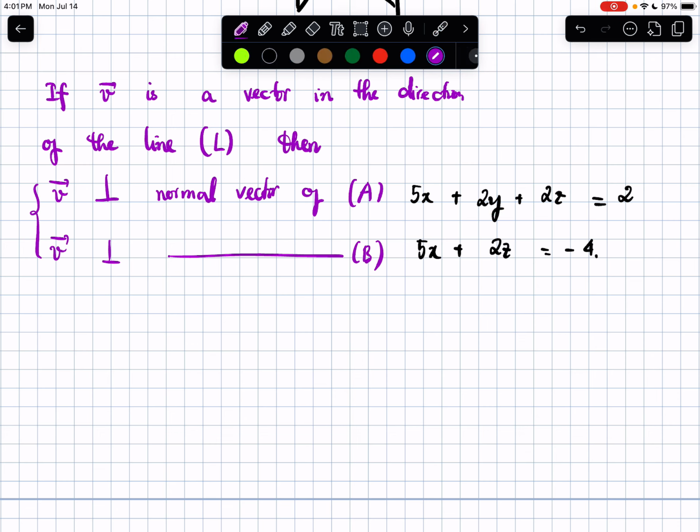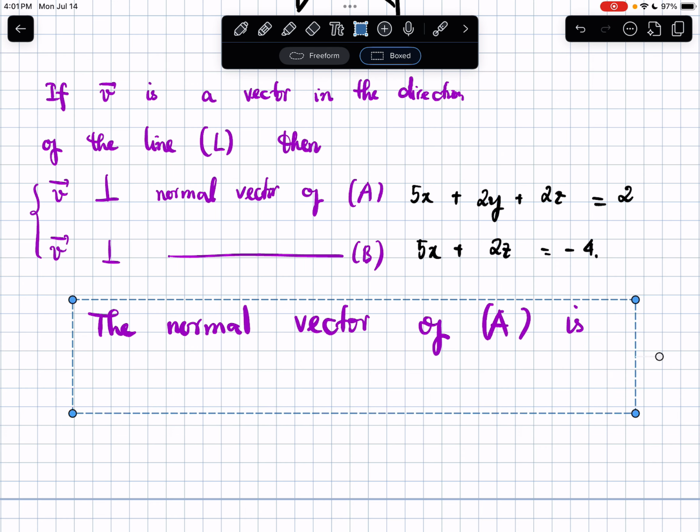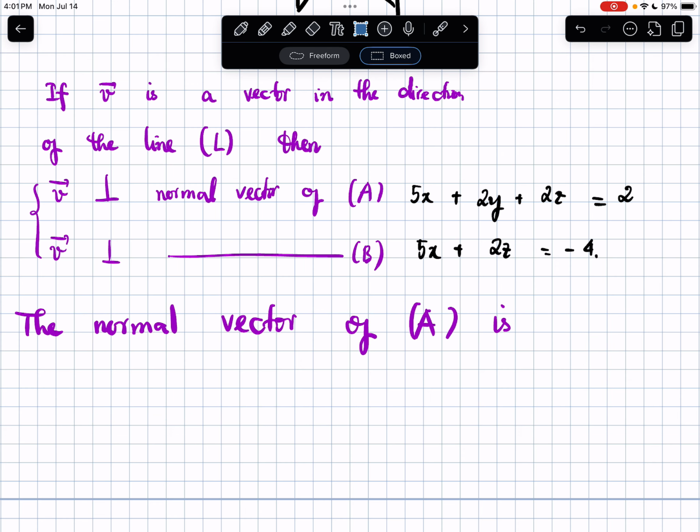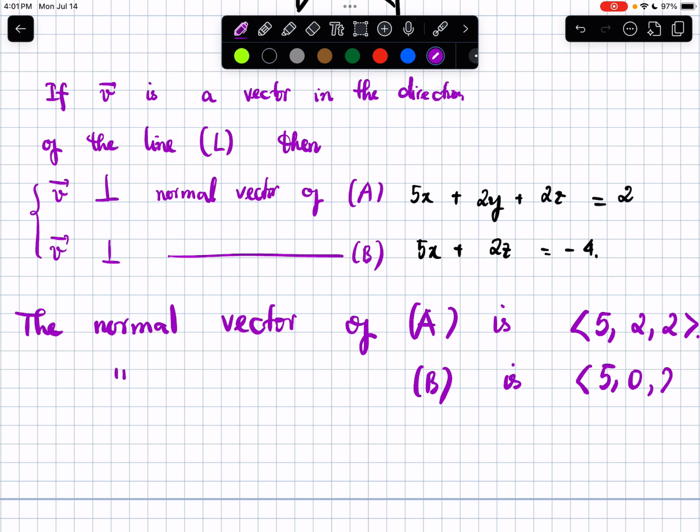So the normal vector of A is 5, 2, 2, and the normal vector of B is 5, 0, 2, the coefficients of x, y, z. Okay, and we know that V is perpendicular to both of these two vectors.